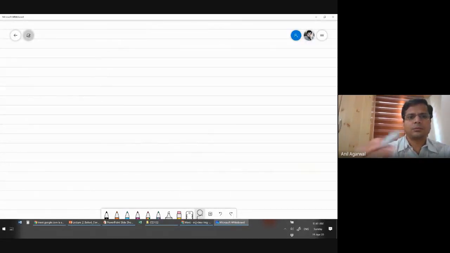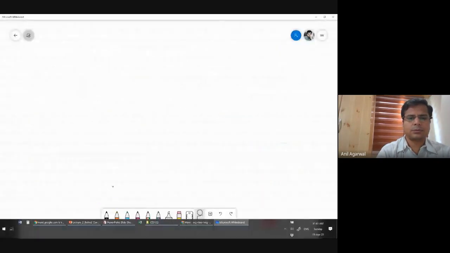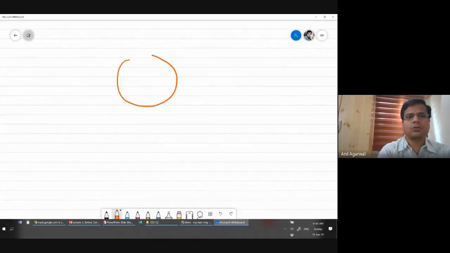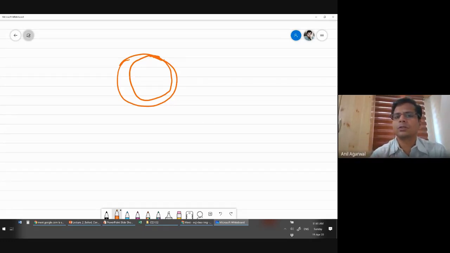This is my bolt hole, and this is the bolt, and here it is coming in contact. As soon as I apply force, initially there will be some yield, definitely, because to start with the two diameters are not the same.